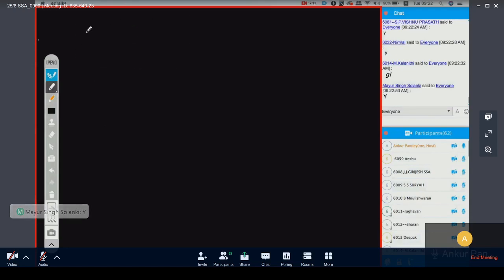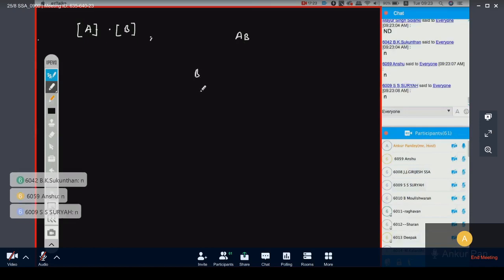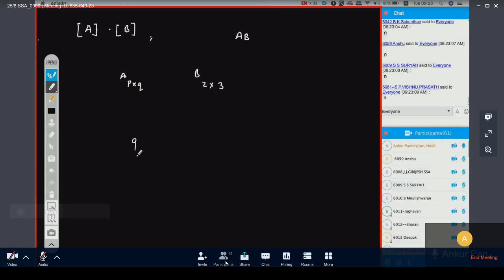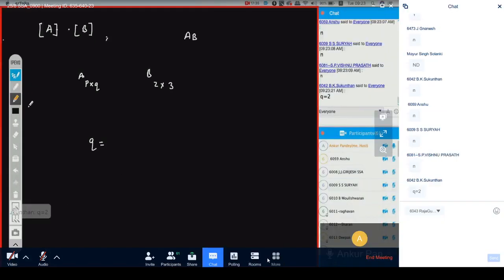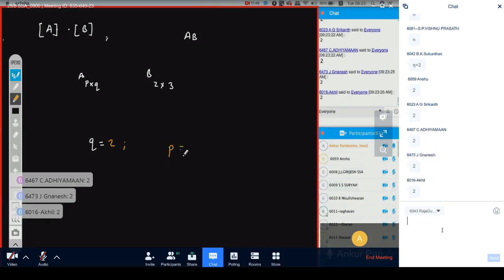Now coming to multiplication of two matrices, I don't think there is any doubt. A into B. If A is of the order P by Q and B is of the order 2 by 3, what is Q equal to? What is P equal to?